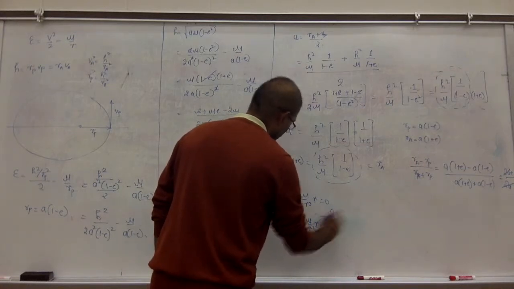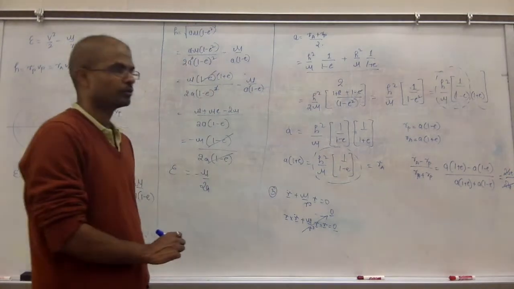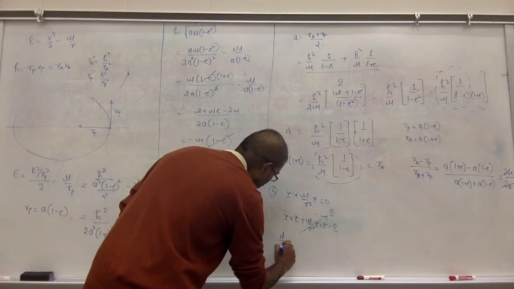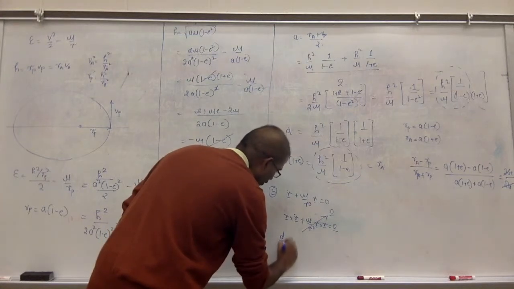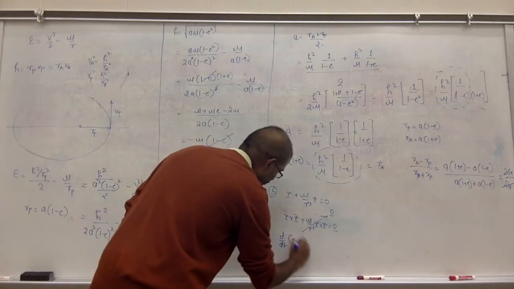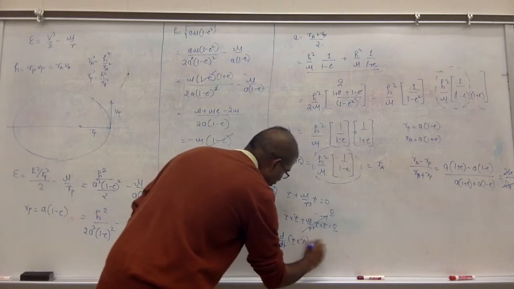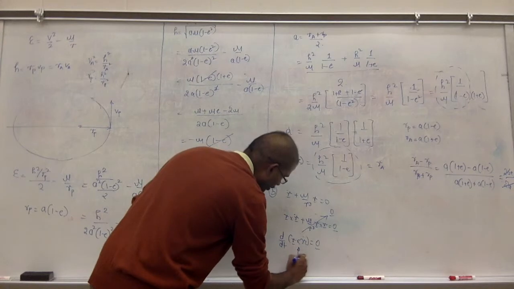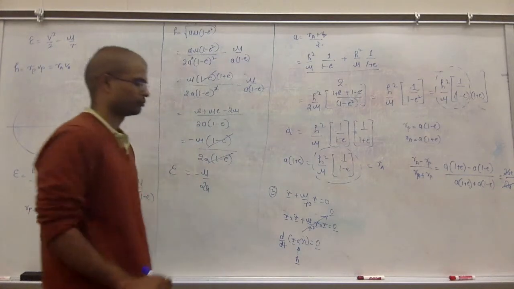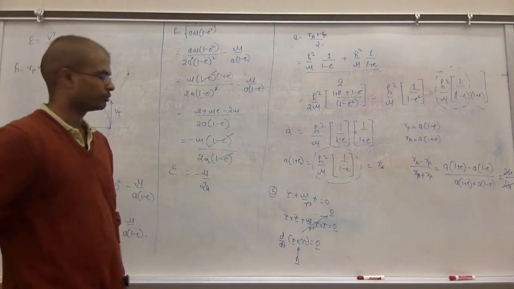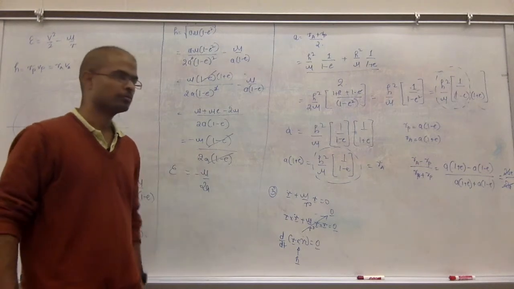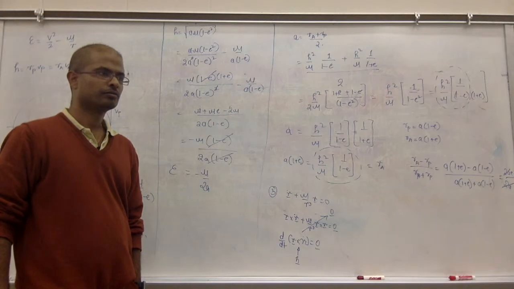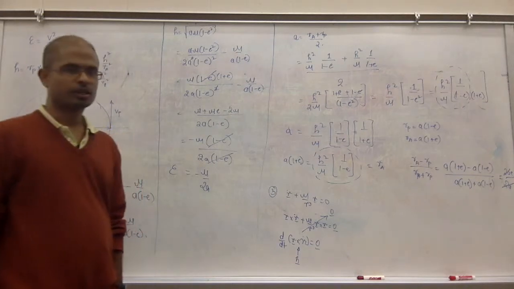Why? Vector cross with itself. This can be written as d over dt of R cross with R dot is equal to 0. R cross with R dot is simply h. So d over dt of h is 0. See, 2 lines. You understand? It's actually very simple.